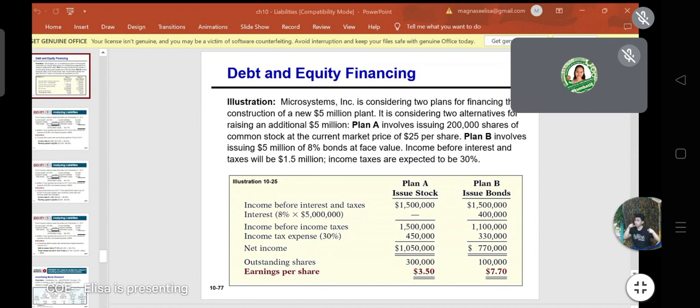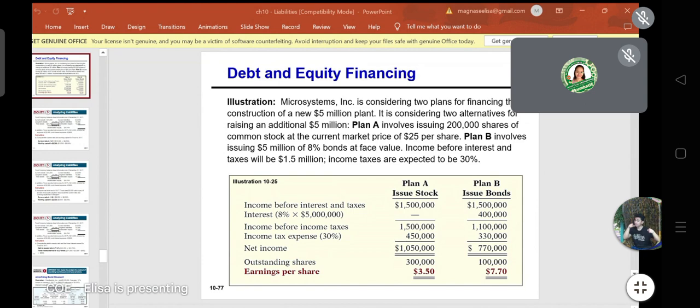From 100 plus 200 additional shares, you have outstanding shares of 300. So earnings per share will now be lower at 350. With this information, there will be a negative impact to stockholders, because instead of 770 as my share, it becomes only 350.